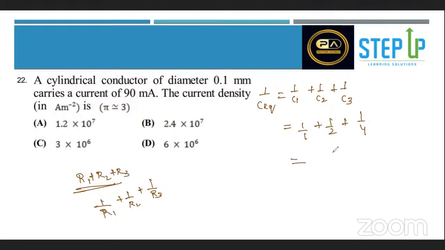Taking the LCM, I have to make everything 4. So this becomes 4, this becomes 2, and this becomes 1. 4 plus 2 plus 1 is 7, so 7 upon 4 is 1 over C equivalent. So C equivalent is 4 by 7 microfarad. When I'm talking about minimum, it has to be this.